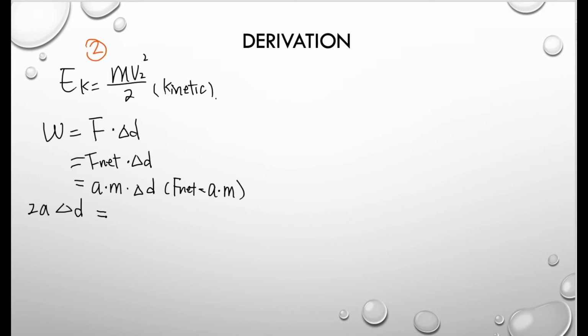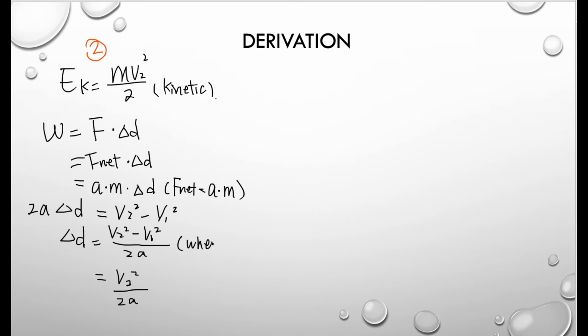And then another formula we have learned is 2A delta D is equal to V2 squared minus V1 squared. Delta D is equal to V2 squared minus V1 squared divided by 2A. But we all know V1 in this case is equal to 0. When the ball is dropped, it doesn't have any velocity. So V1 is equal to 0, then delta D is V2 squared divided by 2A.